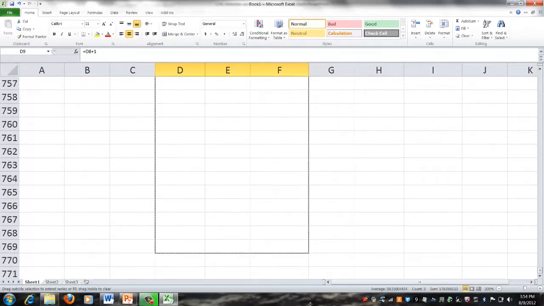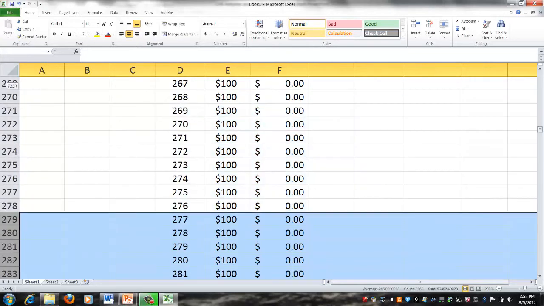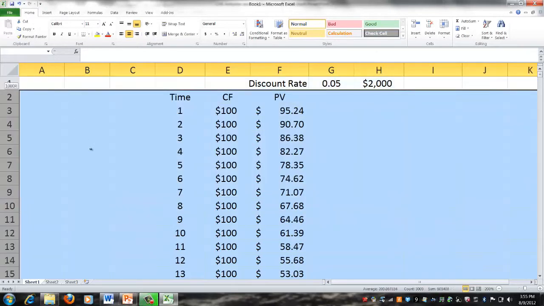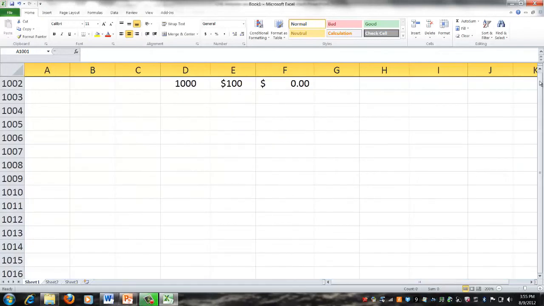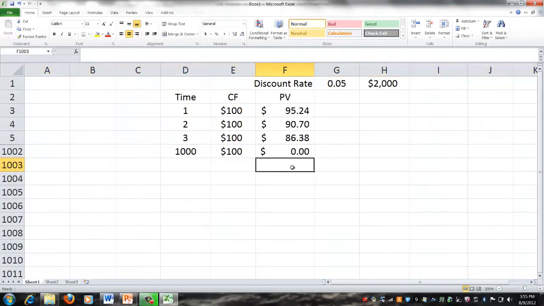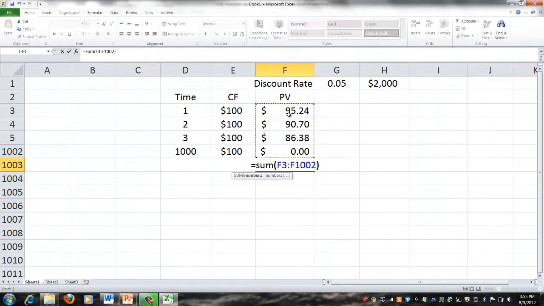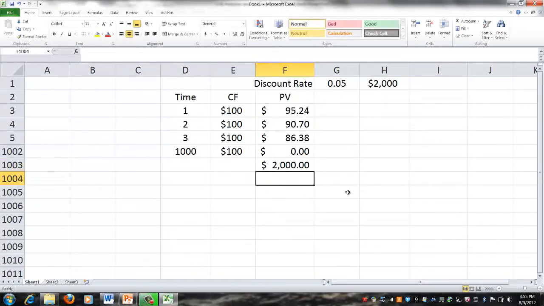Let's go ahead and do this for 1,000 periods. So I'm just going to hide some of these rows so we can see what we're dealing with. Okay, now let's take a sum of all these. It comes out to be $2,000.